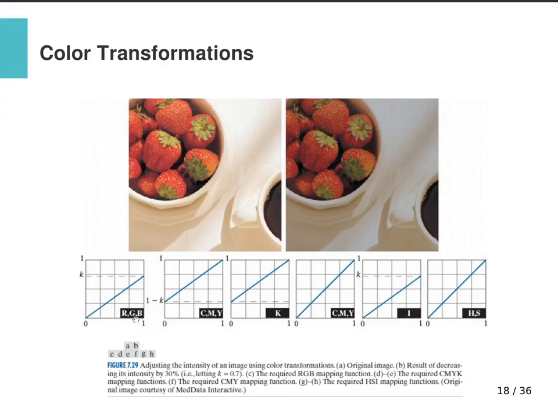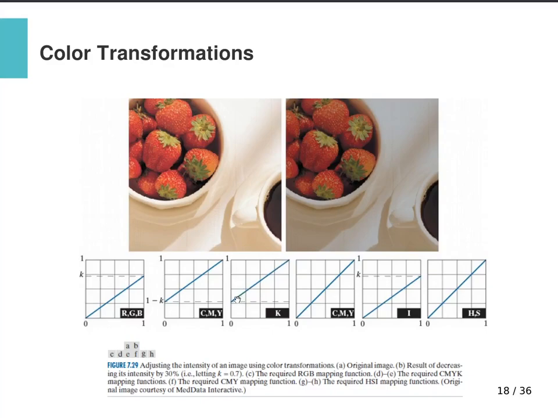If you are working in the RGB model, basically the same transformation is applied to all the color channels. If you are working in CMY, again the same transformation is applied to the CMY channels. If you are working with CMYK, these two sets of functions are applied.